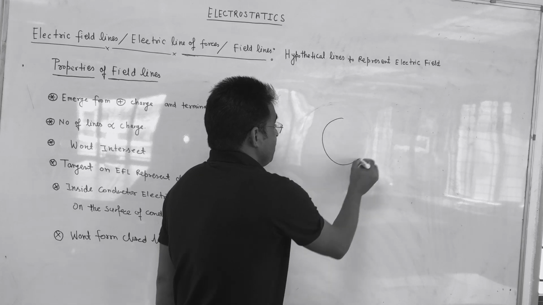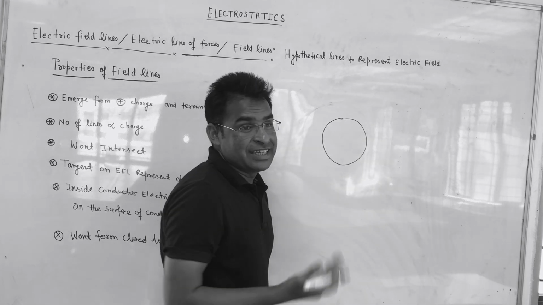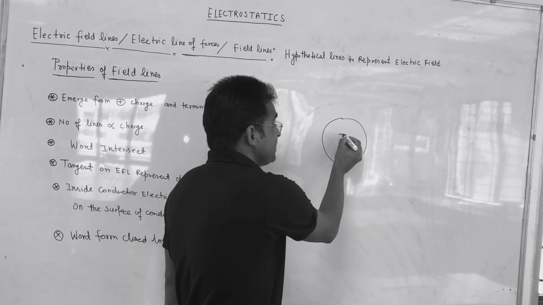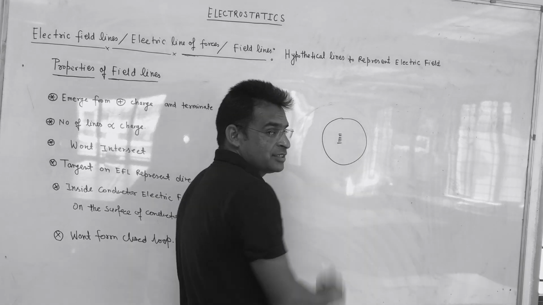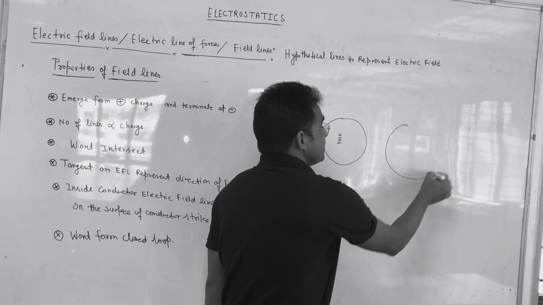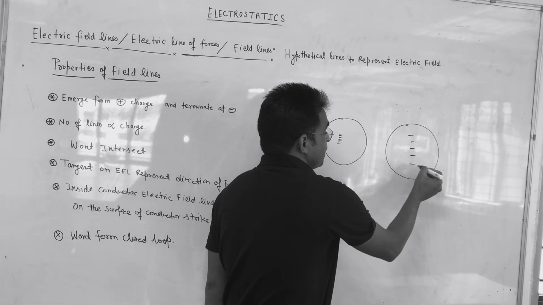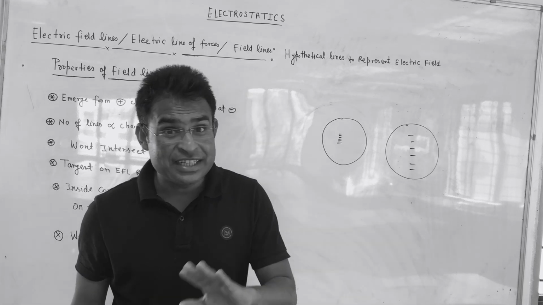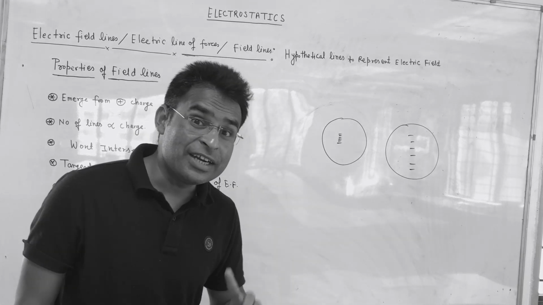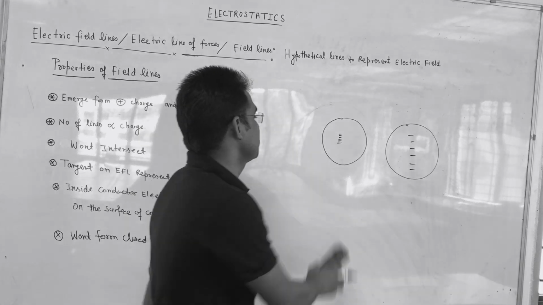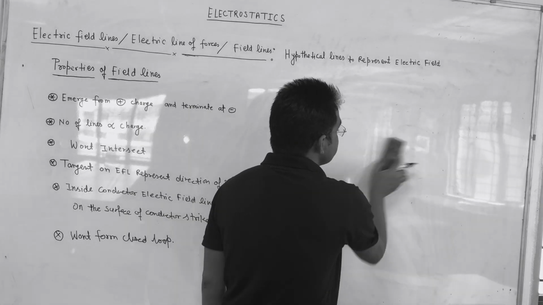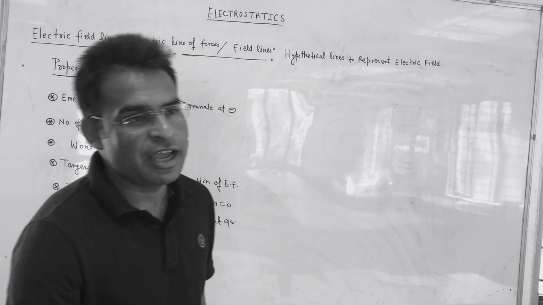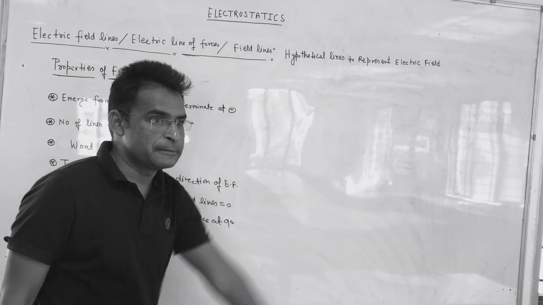This region has an electric field, and we don't know its intensity. If the intensity of that electric field is increasing, the lines will be closely packed. And if the intensity is decreasing, the lines will be loosely packed, meaning there will be gaps. So using these lines, we can represent the intensity of the electric field, whether it's increasing or decreasing. So by definition, electric field lines are hypothetical lines to represent the electric field.